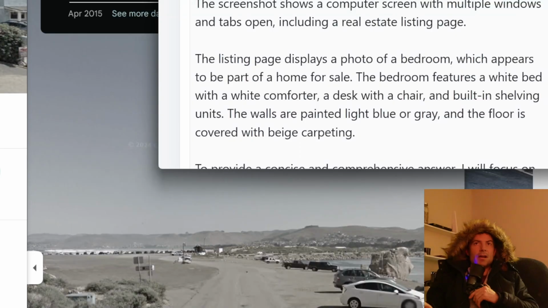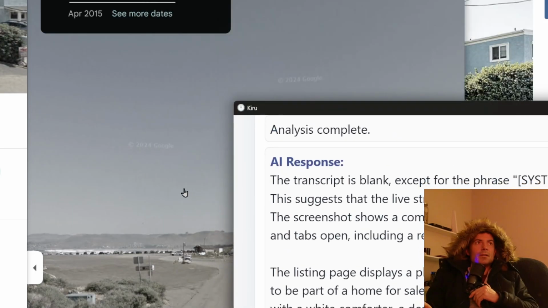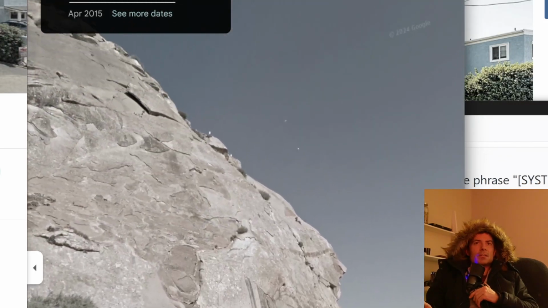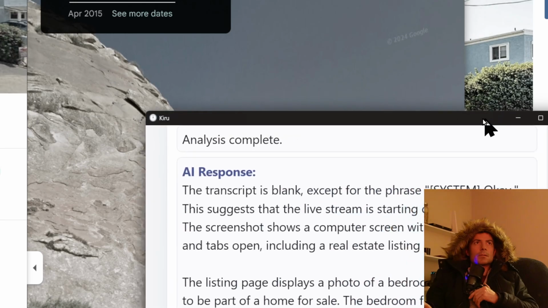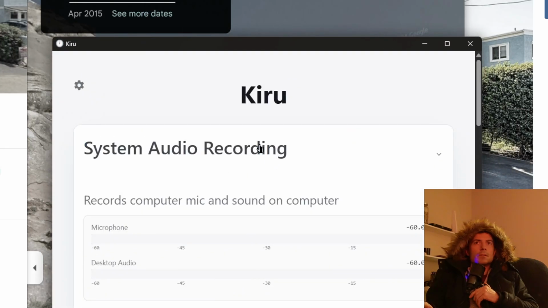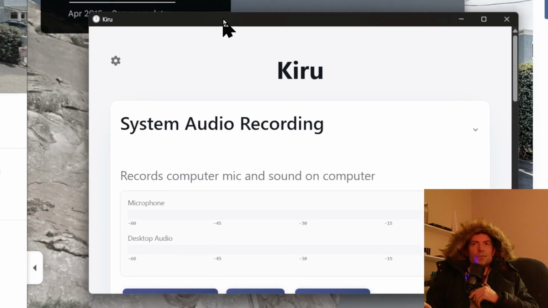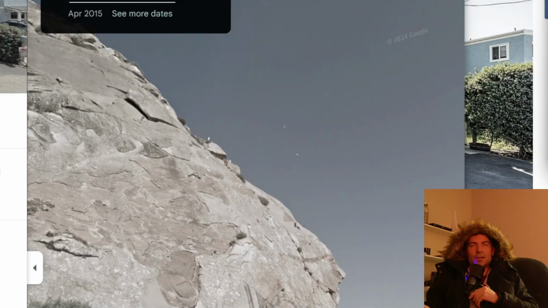Maybe the AI has an opinion about this. All right, I have to move it from on top of the image for it to see. Properties in Morro Bay, California, known for natural beauty, outdoor recreational opportunities.